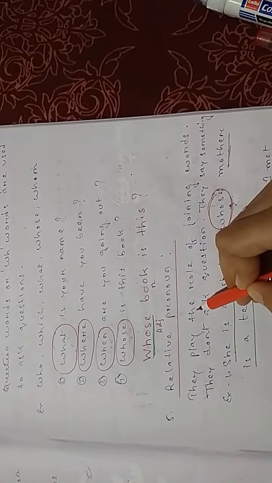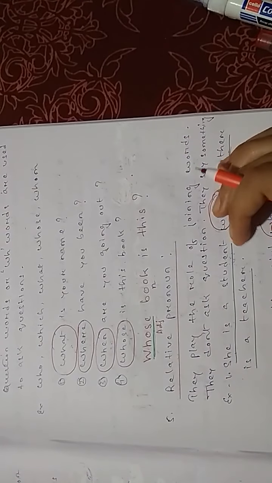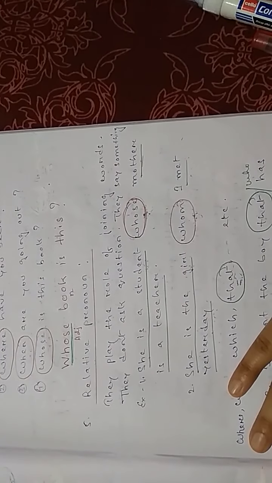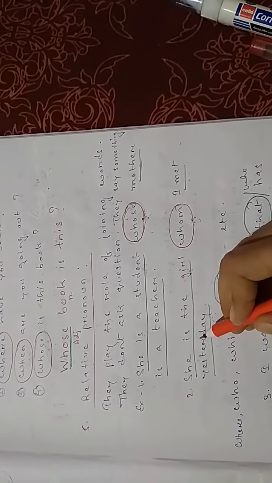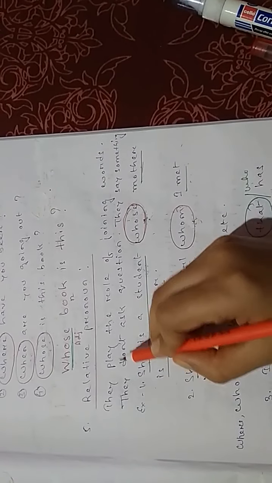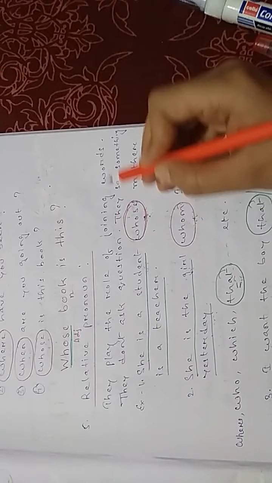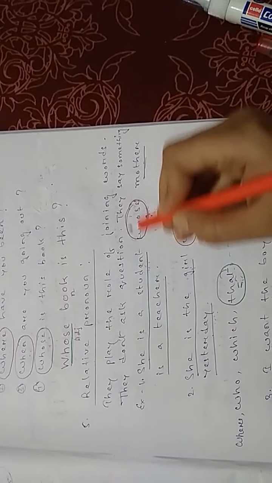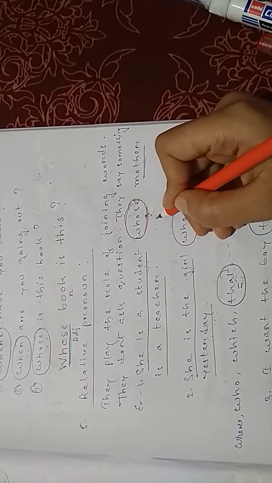But this time, these words will not ask any question. Rather, they will join two clauses in the sentence. Look at the definition. Relative pronouns play the role of joining words. They don't ask question, they say something.